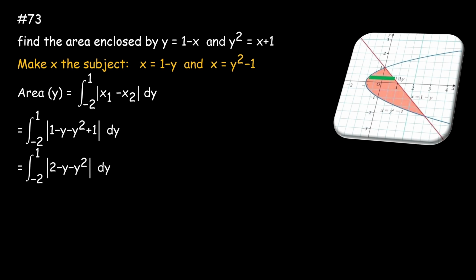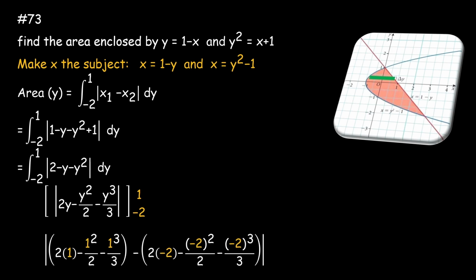Simplifying that, means we need the integral of 2 minus y squared, and that will be 2y minus y squared over 2 minus y cubed over 3 from -2 to 1. Substituting 1 and -2, we should get 9/2.